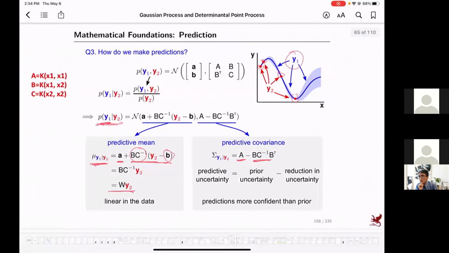You also observed the y1. We observed y1, we observed y2, we observed all those.